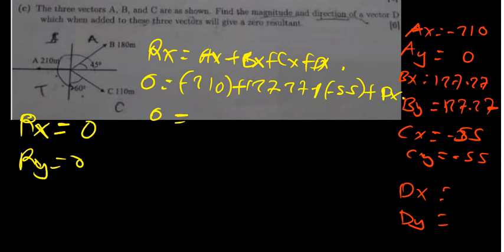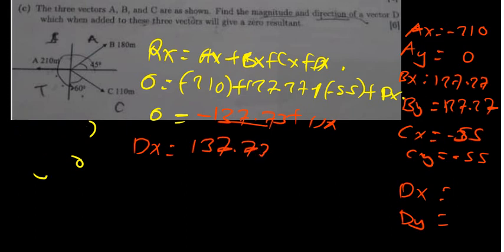I'm getting negative 137.73. Confirm. 137.73 plus Dx. I'll shift this to the left hand side, so Dx is going to be equal to 137.73.